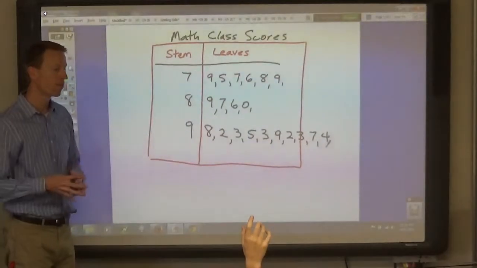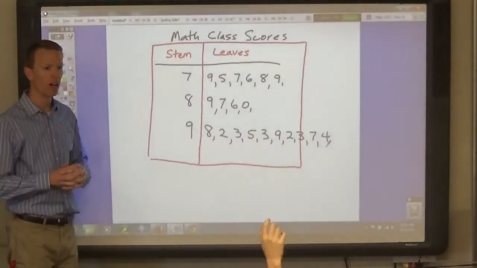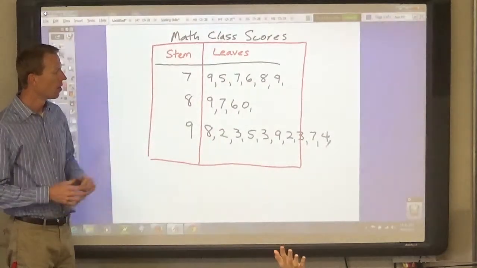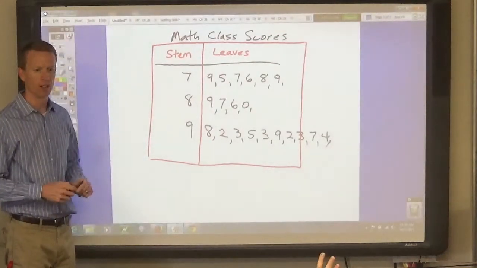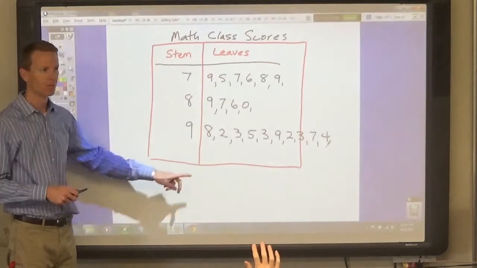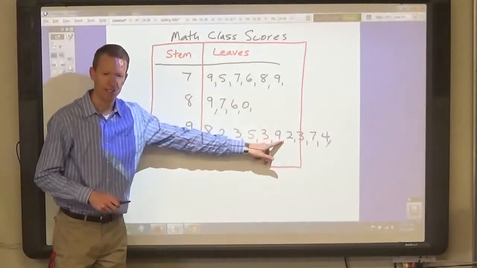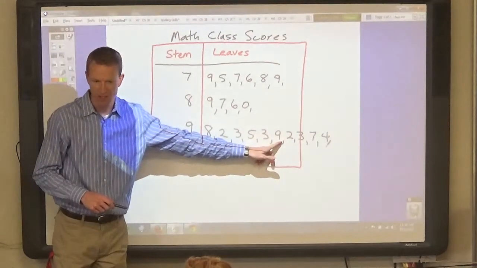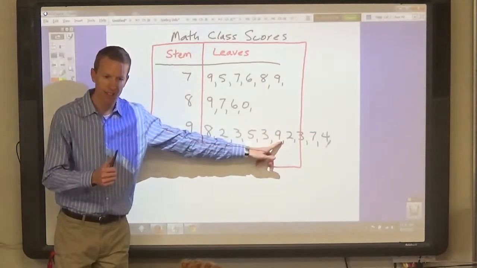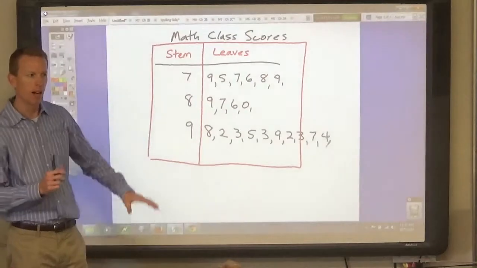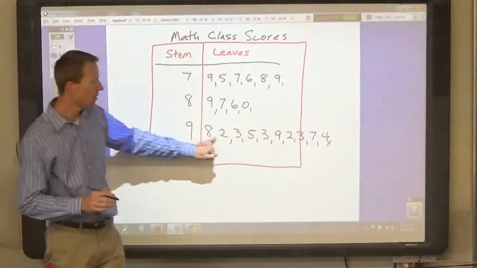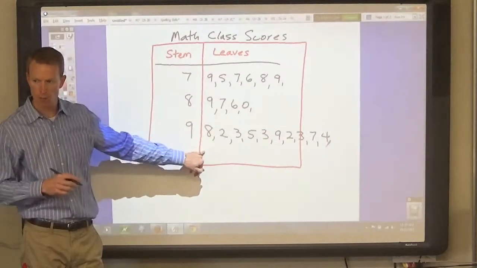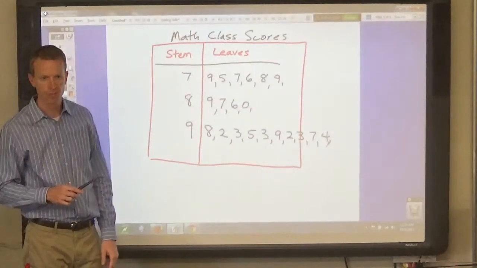But in the 90s, we could also see what was the highest score. 99. You couldn't do that if you just made tally marks. Tally marks is okay, but what I'm trying to show you is that a stem and leaf graph can give you more information. You could answer more questions by looking at it.